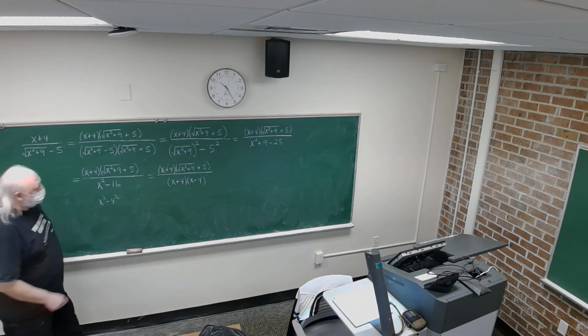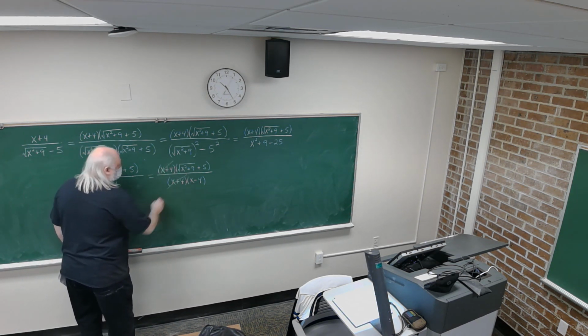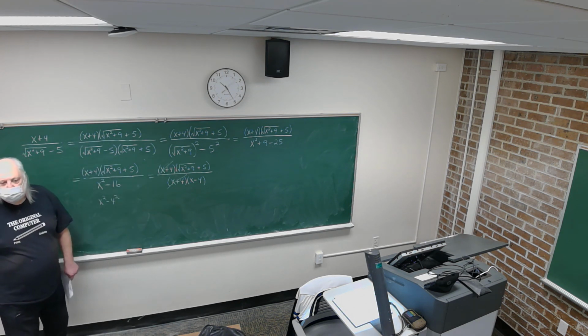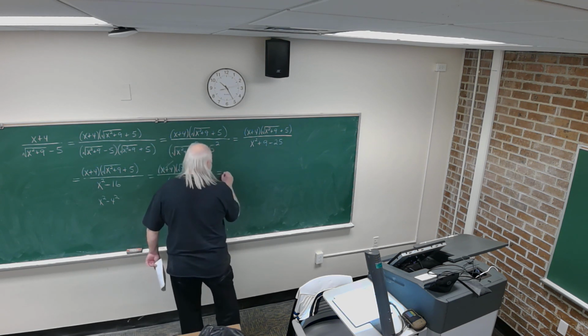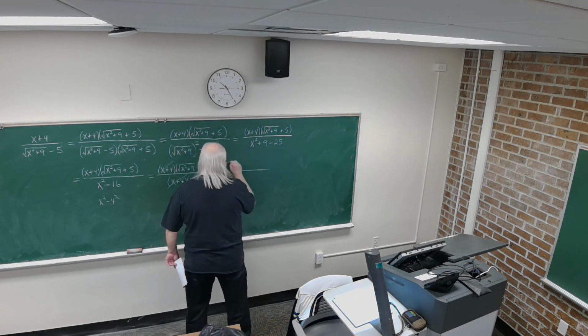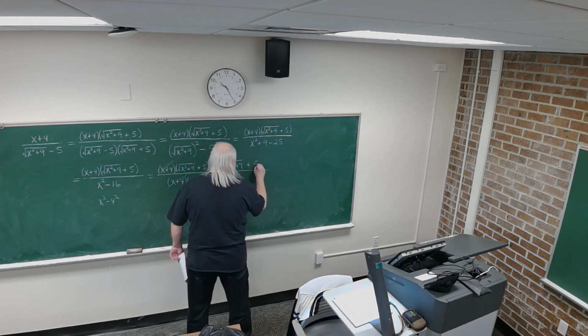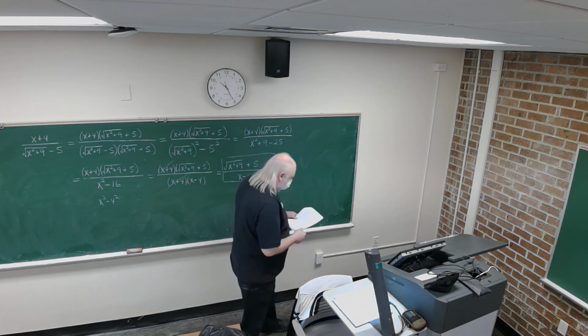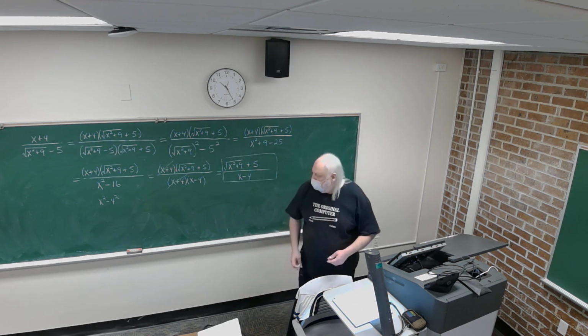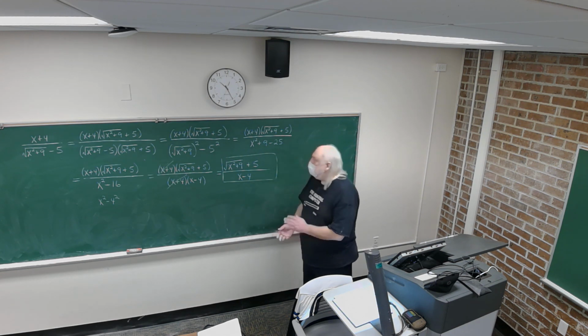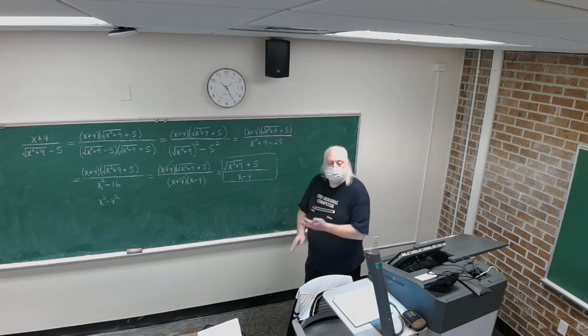And now you can see x plus 4 is a common factor in the numerator and denominator. And this now simplifies to the square root of x squared plus 9 plus 5 over x minus 4. And we have rationalized the denominator.